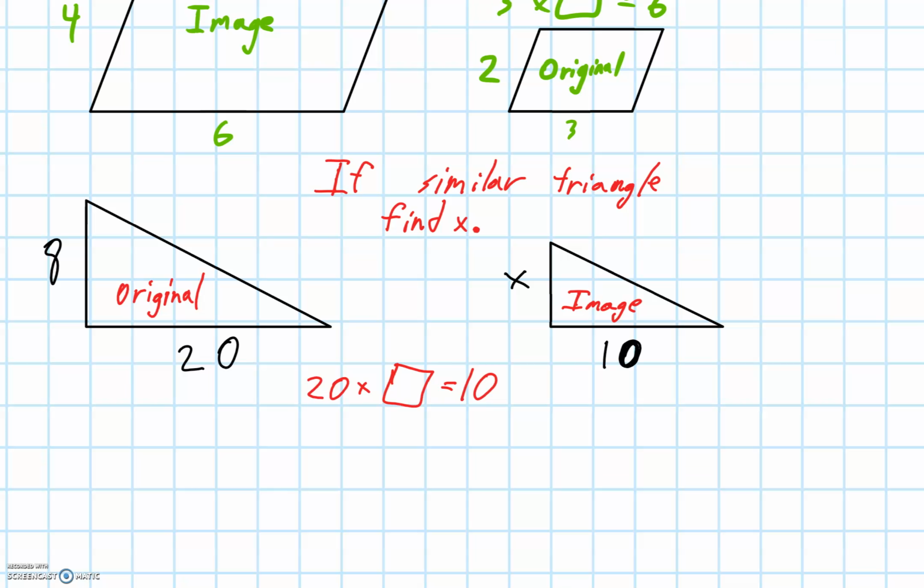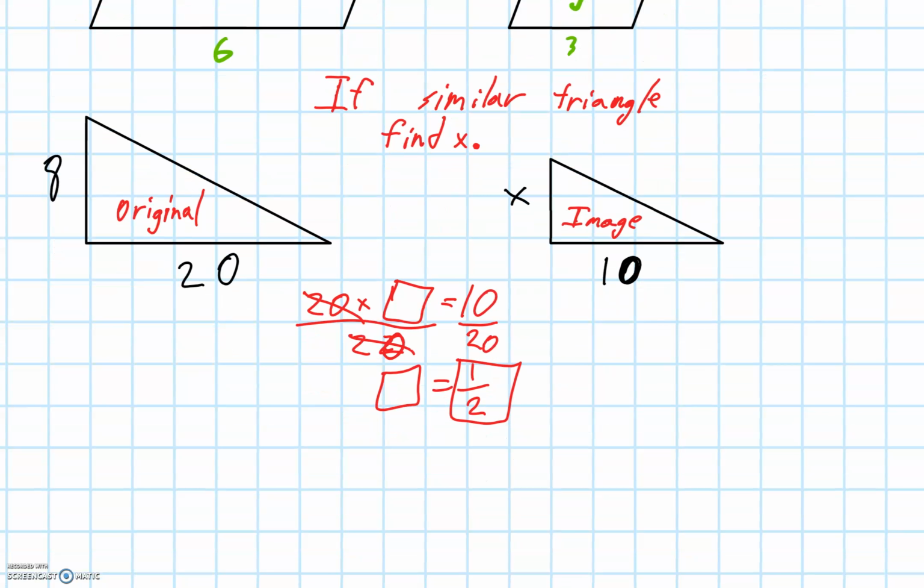And if you can do inverse operations, then you could just divide by 20 here, and divide by 20 here, which means that you would get 1/2. So our scale factor is 1/2.